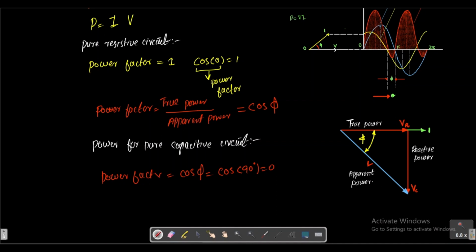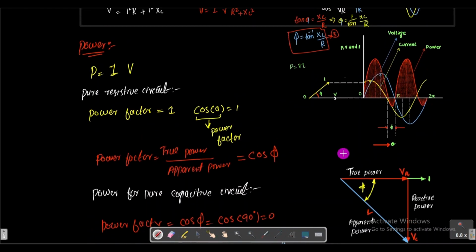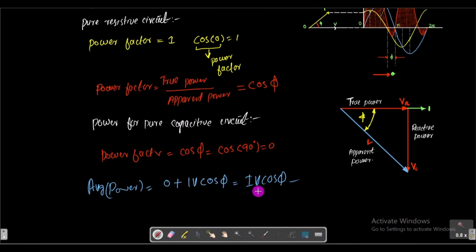So the average power is equal to 0 plus IV cos phi. Therefore it is equal to IV cos of phi. This is the average power in this case, which is the multiplication of the current I and voltage V.